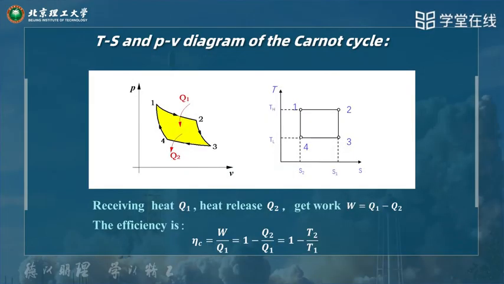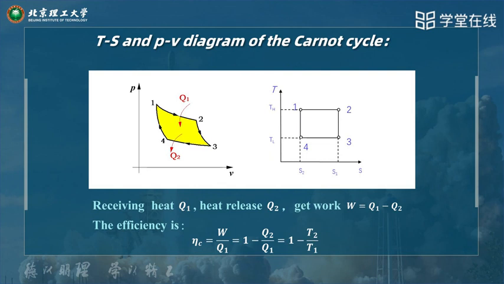The efficiency is W over Q1. The first equation is the definition. Because W is our benefit, Q1 is our cost. From the first law, W is Q1 minus Q2, and we can obtain 1 minus T2 over T1.